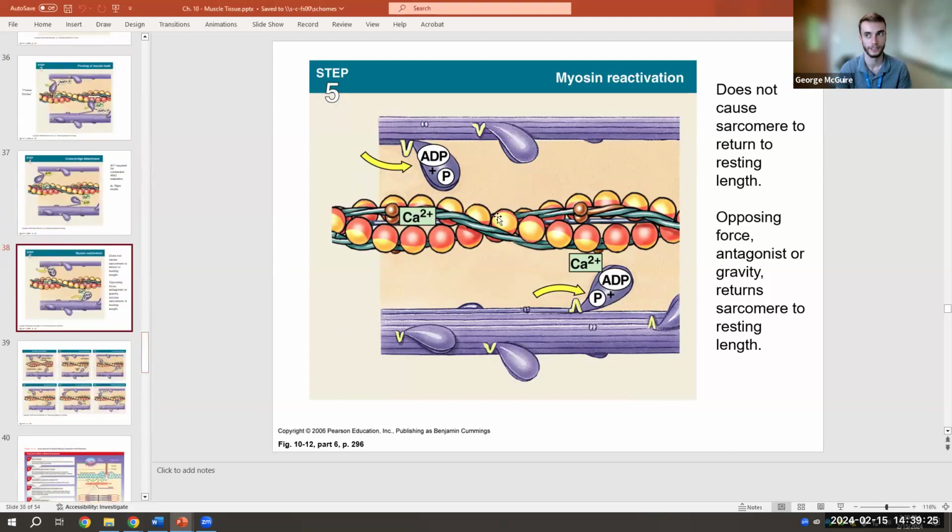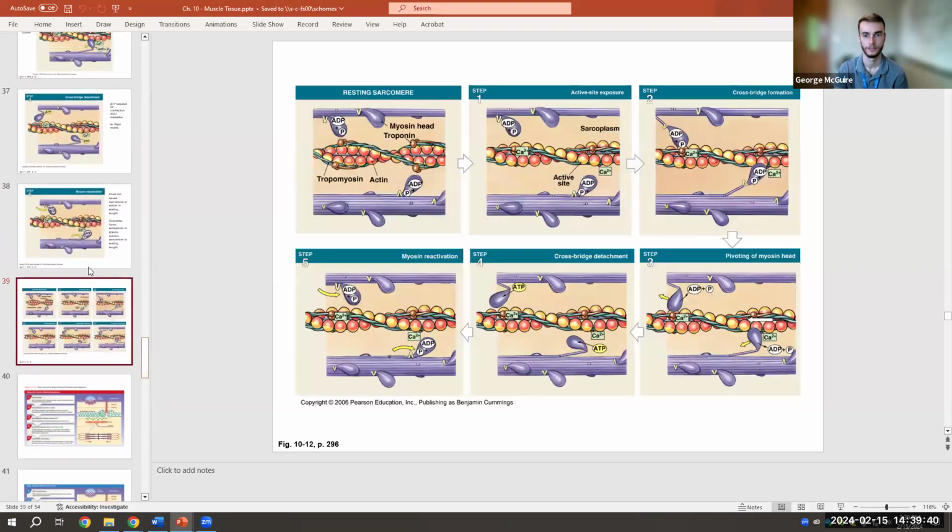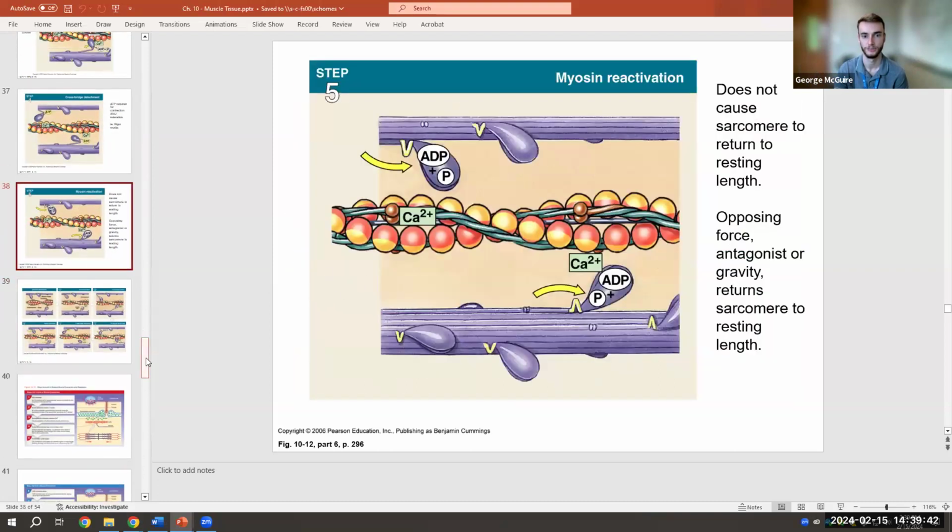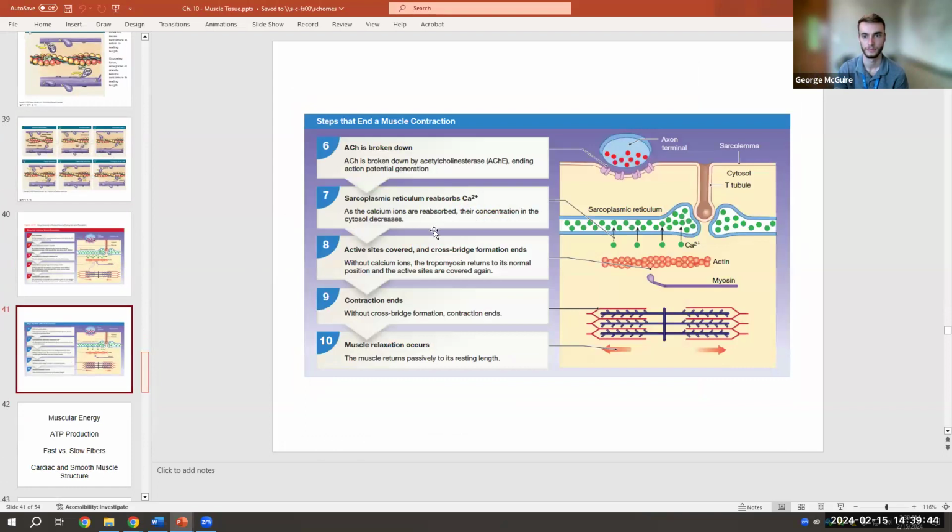And so I guess maybe it's something to do with the electrochemical gradient itself, just naturally forcing the calcium back to the sarcoplasmic reticulum, but I don't know exactly. That's an interesting question. Yeah, it just says sarcoplasmic reticulum reabsorbs the calcium, but doesn't say how.